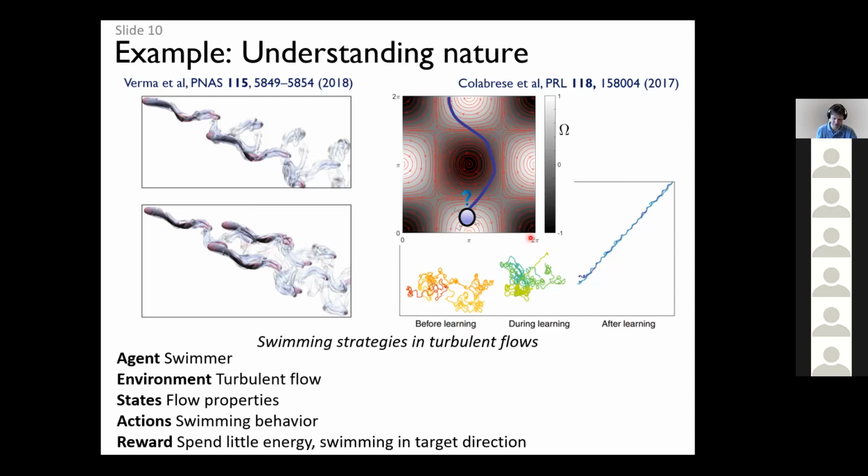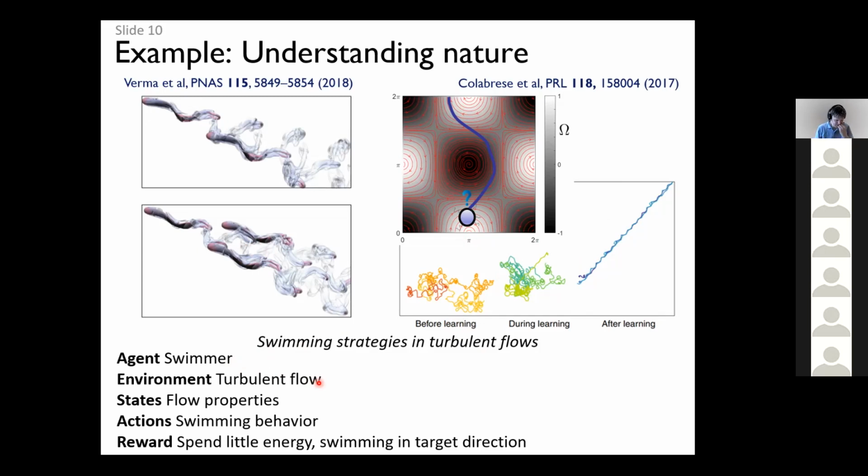Another example is a small micro swimmer that needs to navigate some complex flow. And in this example, it's vortex flow. Before training, it will just move around randomly. But by training, it will learn to move in a certain direction robustly. So in this case, the agent is the swimmer. The environment is some turbulent flow or a background flow in which the swimmer swims.